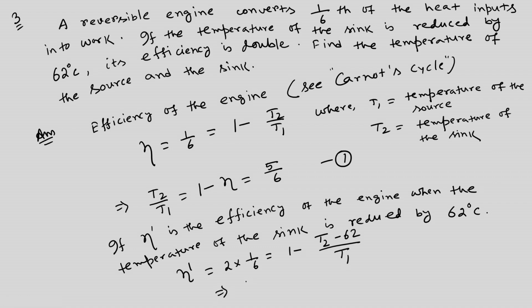So, we can write (T2 minus 62) by T1 is 1 minus 1 by 3, or we get 2 by 3. So, this is our equation 2.